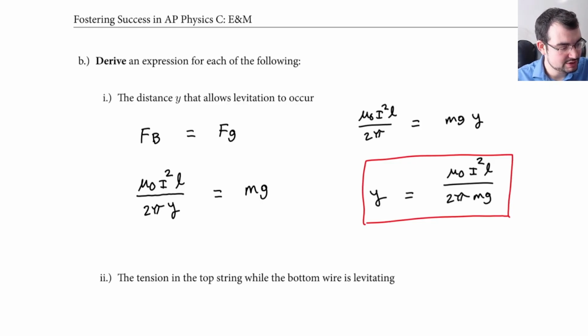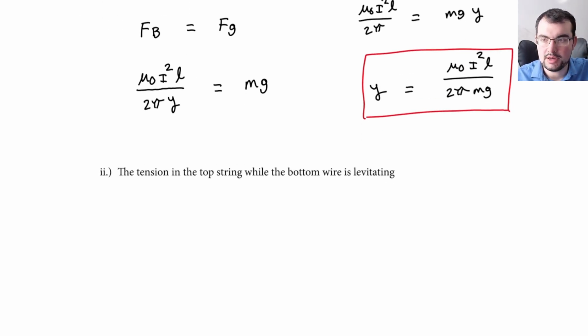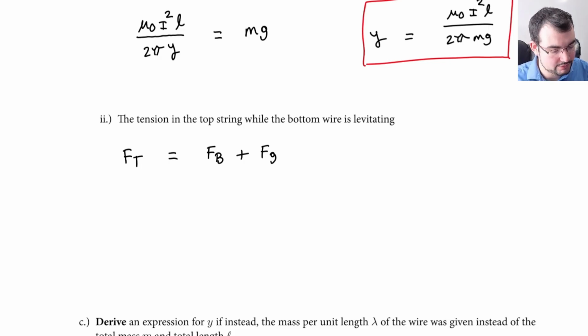What is the tension in the top string while the bottom wire is levitating? Well, now we use our other force relationship that says the tension must balance both the magnetic force and the gravitational force. And actually, we know from the previous part that FB is equal to FG, because the levitation is occurring.